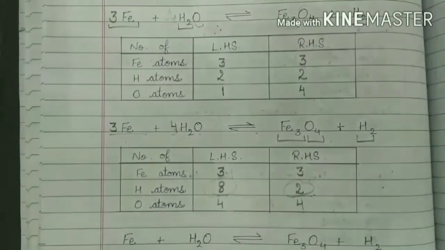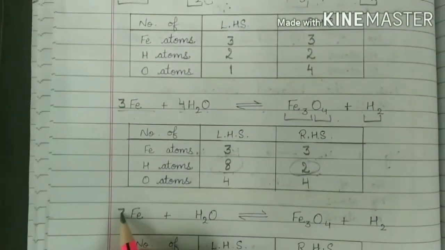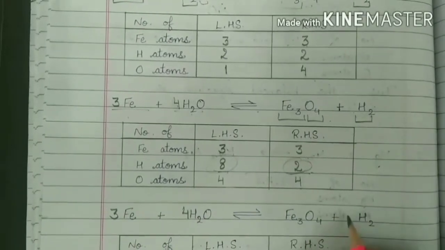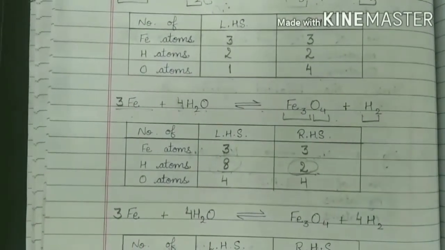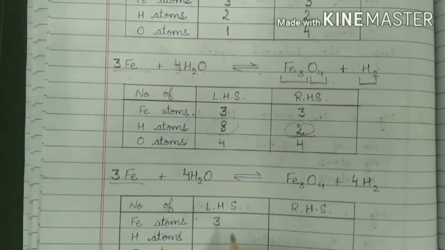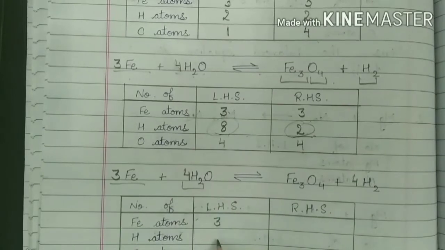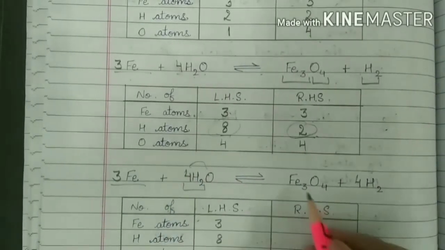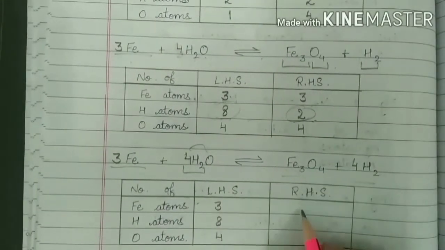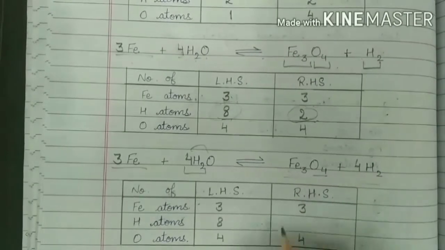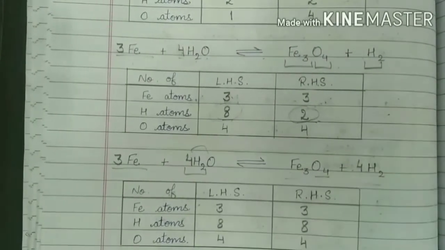So what do we have to do? Writing this as the same, here we have to put 4. So here the number of iron atoms on the left hand side is 3, number of hydrogen atoms 8, number of oxygen atoms 4. On the right hand side the number of iron atoms 3, number of oxygen atoms 4, and the number of hydrogen atoms is 4 2s are 8.